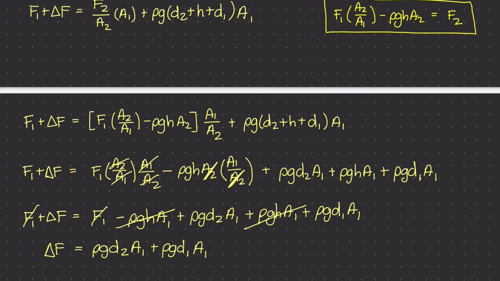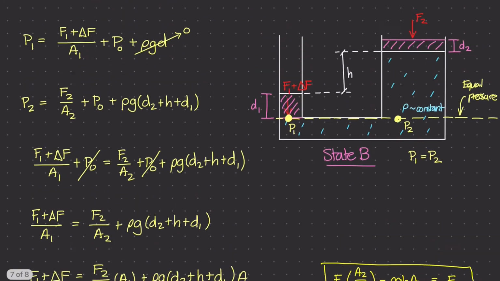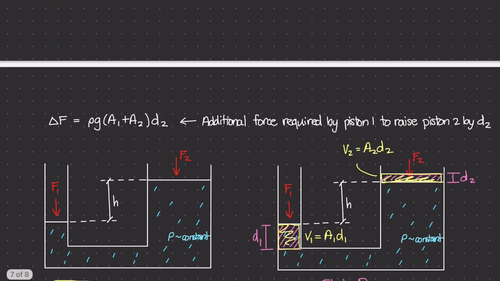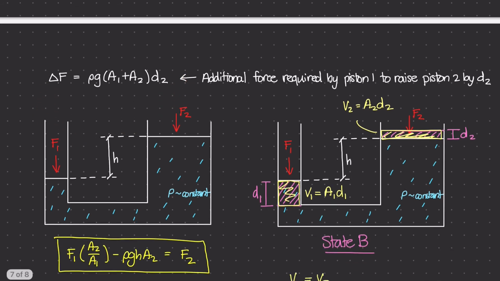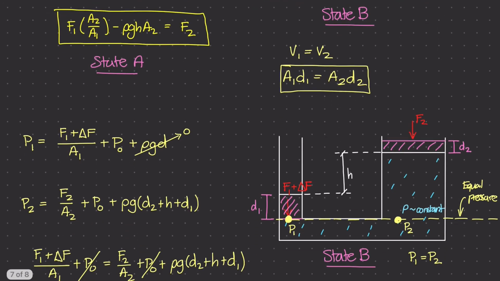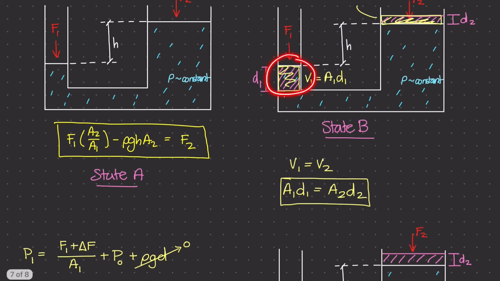Okay, we are almost there. This equation is starting to look a lot like the equation we're trying to derive, but we're not quite there. Now, I want to bring your attention back to this relationship from state B, where we equated the two volumes, this volume and this volume, and we said A1 D1 equals A2 D2.